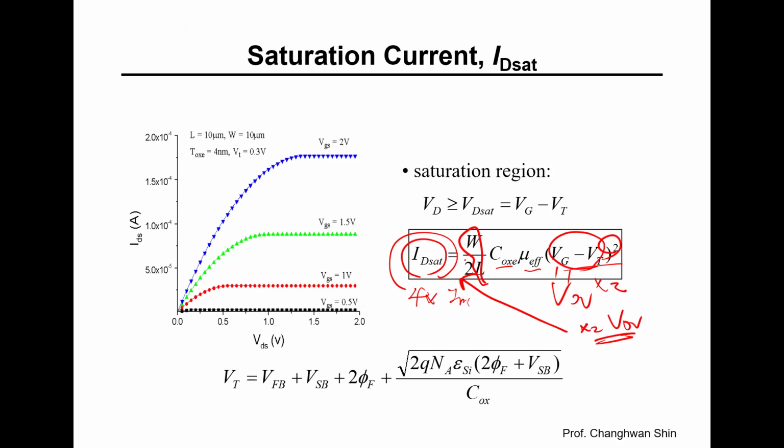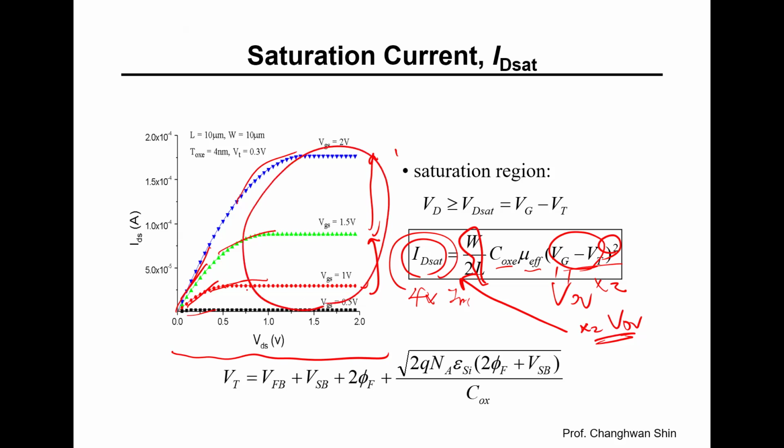The graph on the left-hand side shows how the drain current varies with drain to source voltage for different gate voltage values. Each curve initially rises linearly, then gradually levels off as it enters saturation. Higher gate voltage produces higher saturation currents, as expected from the equation we have developed.